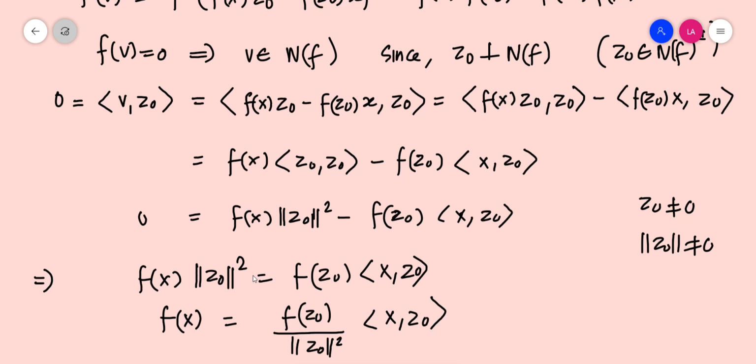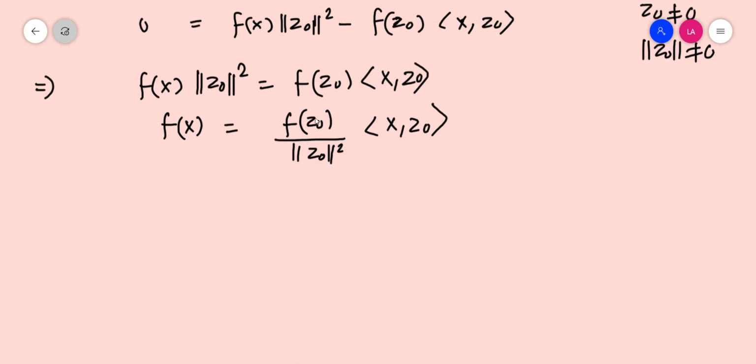Now using the property of inner product, we can take this constant inside the second component, not the first. So this should be equal to the inner product of x with the conjugate of f(z0) by norm z0 squared, times z0, because from the second component, if you take this outside, it should be conjugate.